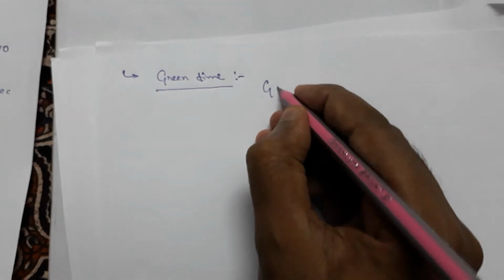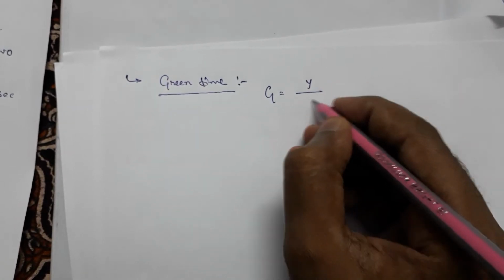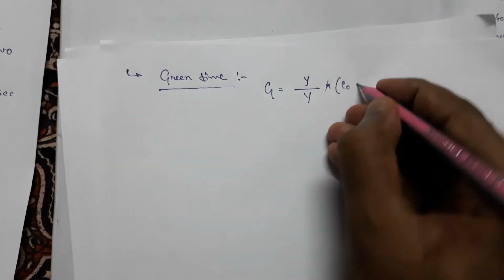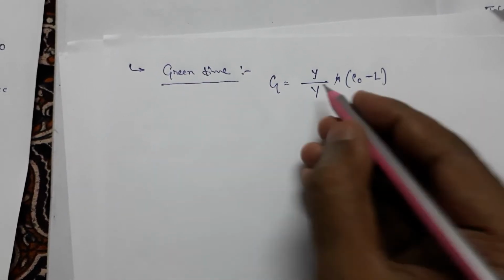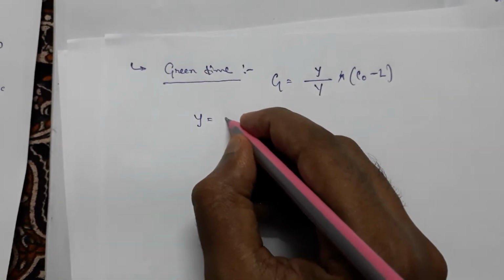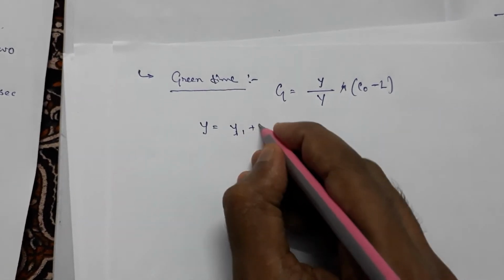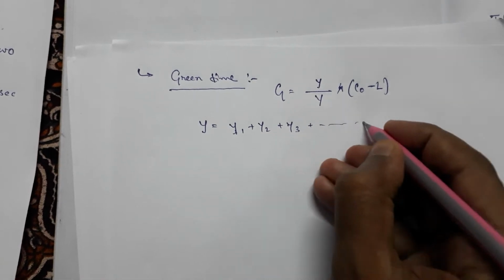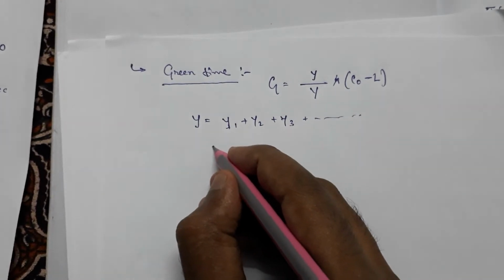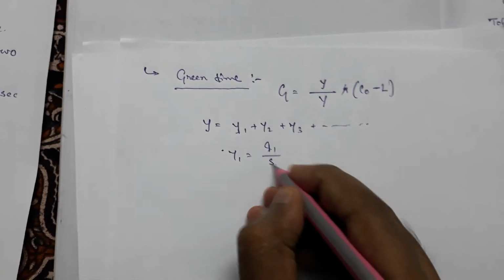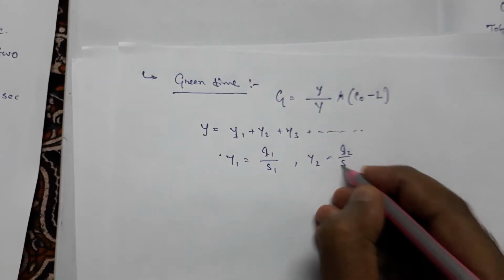Now green time. The green time formula is G equals small y by capital Y into C0 minus L. Now small y means y1 plus y2 plus y3 and so on, the summation of y, and the y1 value will be q1 by s1, y2 will be q2 by s2.